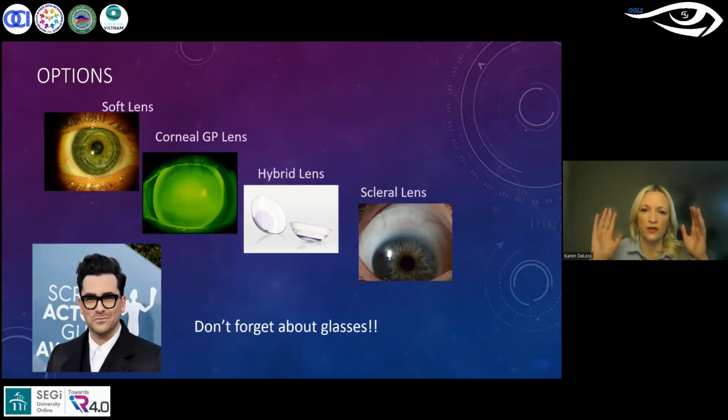So don't get so tunnel visioned on your contact lens fitting that you forget about the glasses option. And I've had so many patients that were referred to me, they see 20/20 with their glasses, I tell them, you're fine, and reassure them. I'll see them annually. You monitor them just like you do with all of our patients.